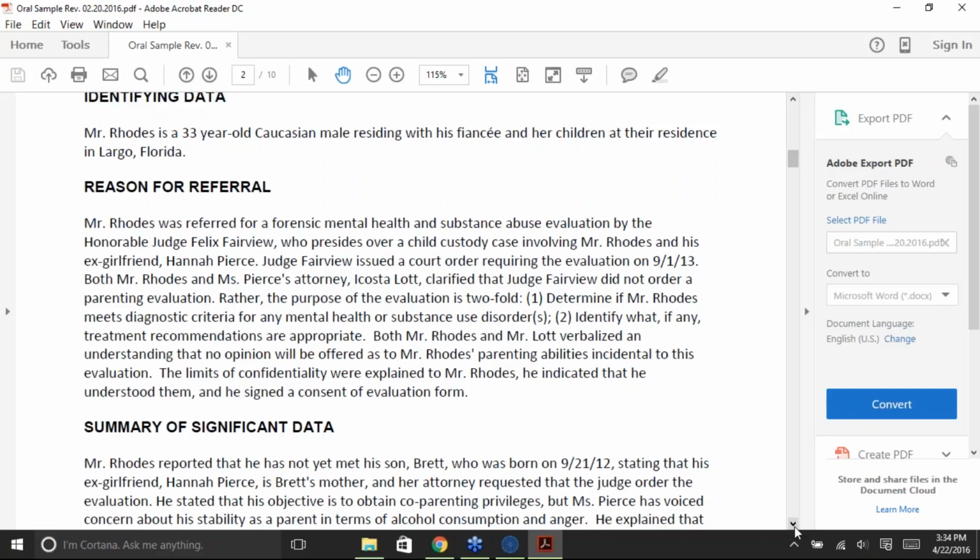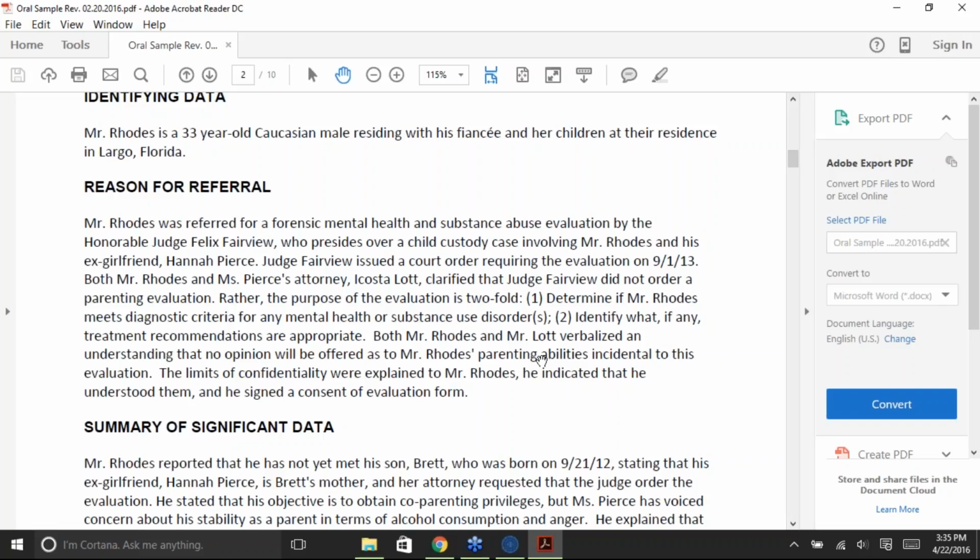So again, going back to that question of do you usually use this many tools, in a case like this I do, because it's a very broad question. Are there any mental health or substance use disorders? So I want to use tests that really help me to get to that. And that's a very broad spectrum. And then 2, what treatment recommendations might be appropriate.